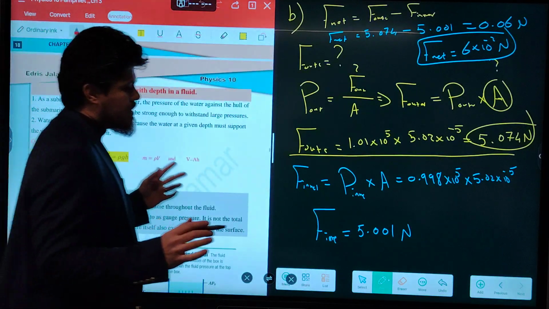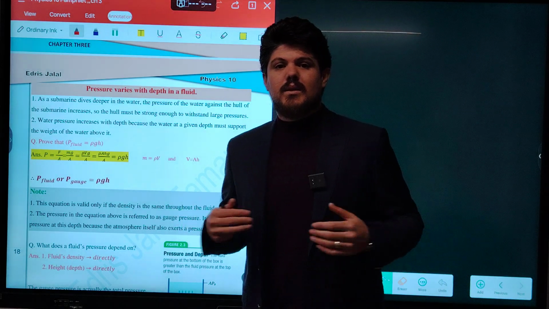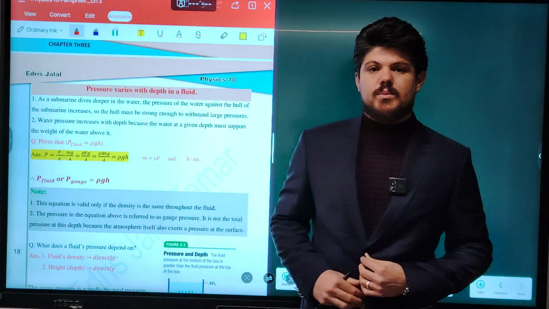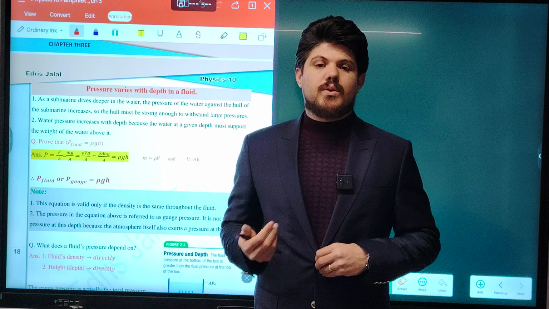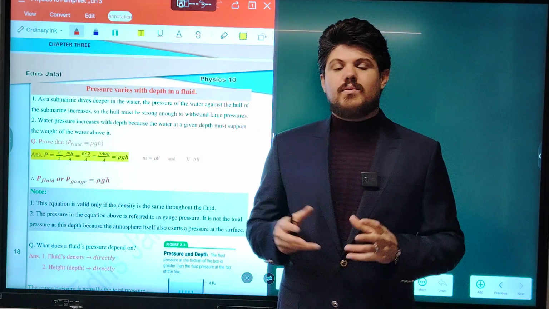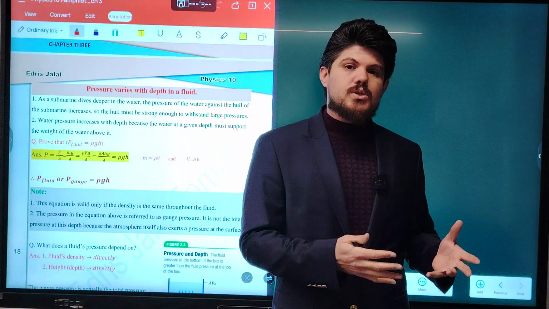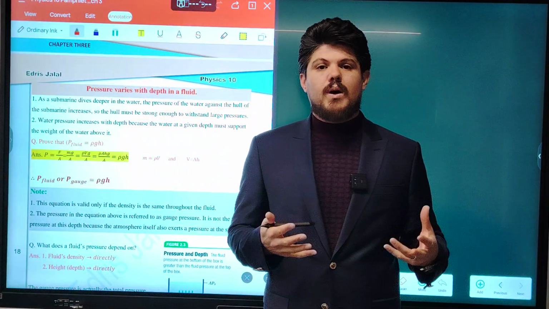Okay, guys, in this section, we have another topic about pressure. We studied Pascal's principle. When pressure is applied on a fluid, this pressure is transmitted equally throughout the walls. For example, in a hydraulic lift, the force exerted on a small piston exerts a pressure, P1.